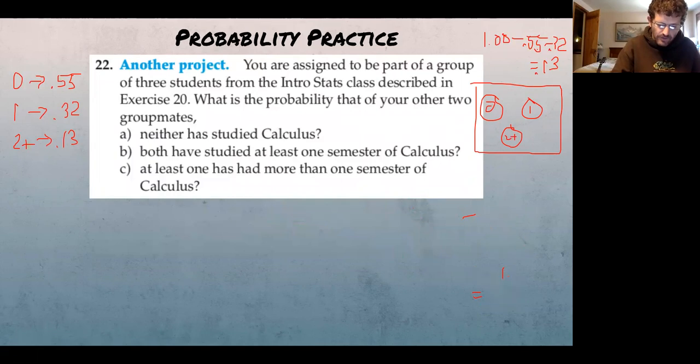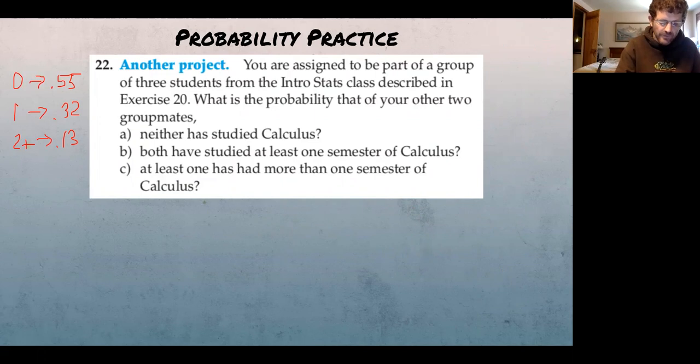This is where it gets a little bit more interesting, and I'm going to try and be very careful how I talk about this because it can get very difficult. When we use our multiplication rule, we are going to be looking at the probability of our other two group mates meeting certain criteria. The first one: neither has studied calculus.